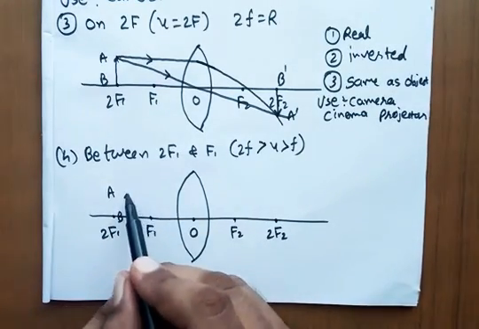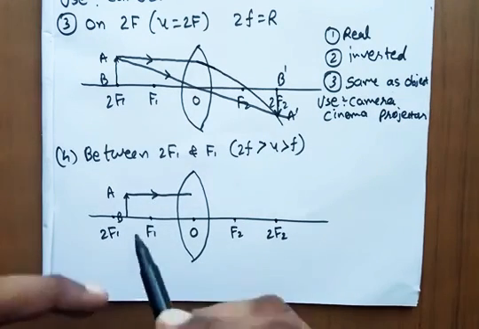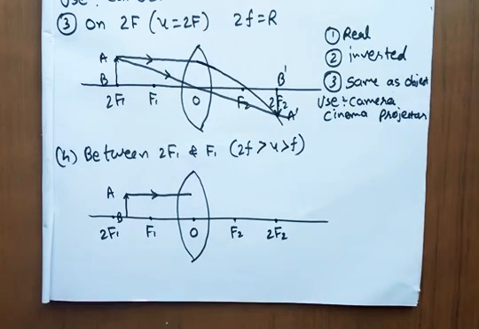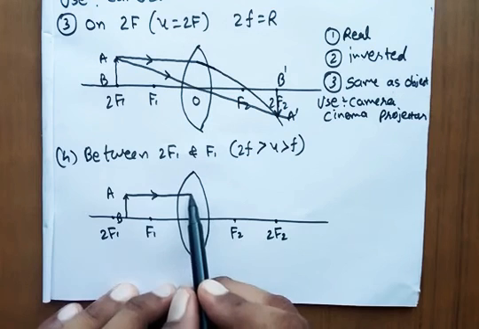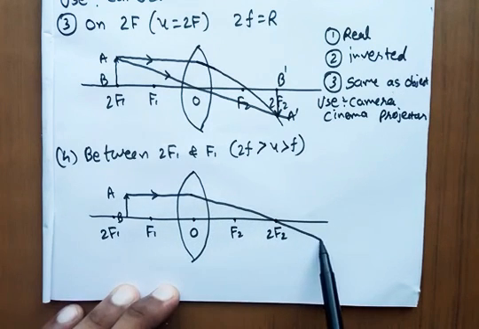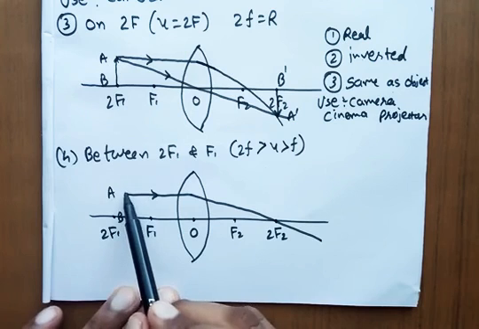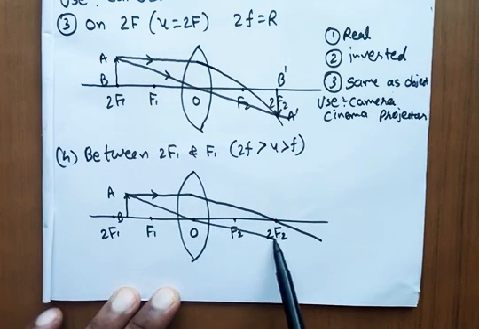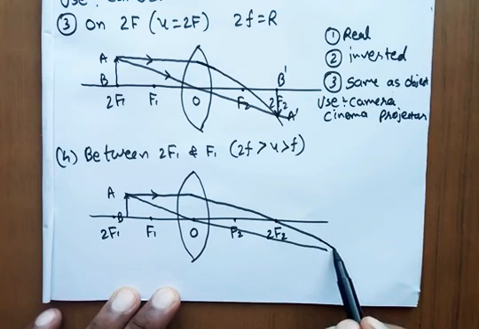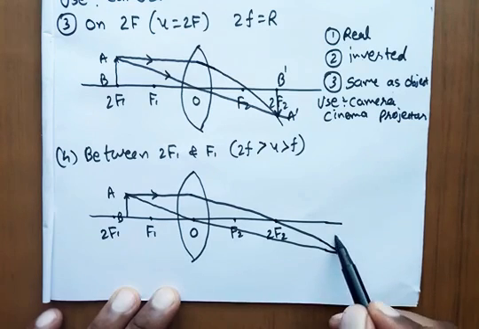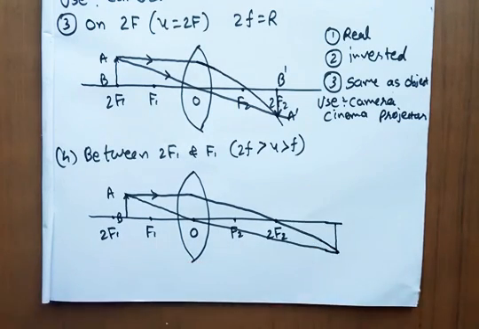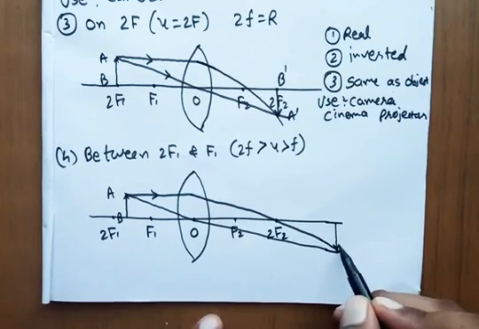Okay, light rays are passing through this lens. One light ray is parallel to the principal axis. Clear? Okay, and now what happens exactly here? The light rays are moving just like this, and another light ray is moving in a straight line. Okay, so they meet, and their intersection point is beyond 2f. It is going to meet very far beyond 2f.